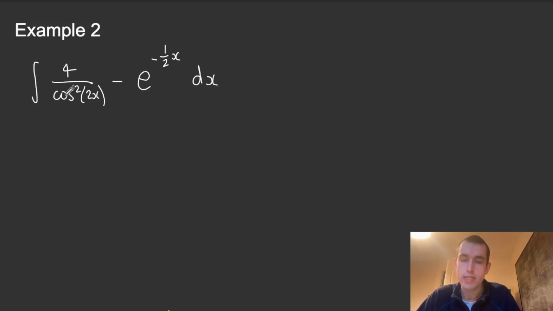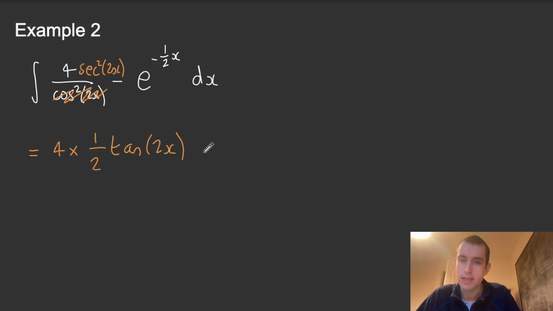Example 2 is 4 over cos squared 2x minus e to the minus a half x. We see a cos squared in the denominator. We turn that straight away into a sec squared. We know how to integrate sec squared is tan, but the constant 2 tells us to do 4 lots of 1 over k, k is 2, tan 2x.